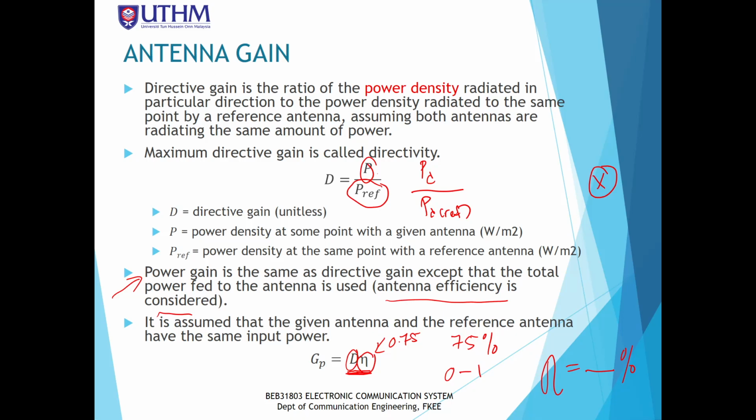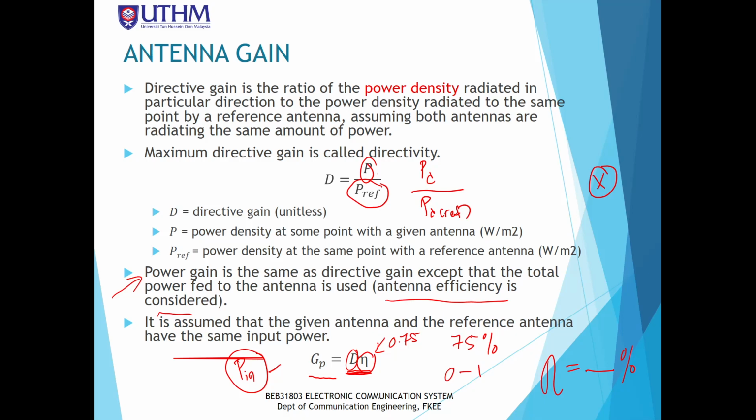Because when we want to consider the power gain, we will combine it with the input power P in. We're going to see later that P in is paired with the power gain. P in, the power input to the antenna, will be paired with the power gain of the antenna. Power input kepada antenna akan didarabkan atau dipasangkan dengan power gain.